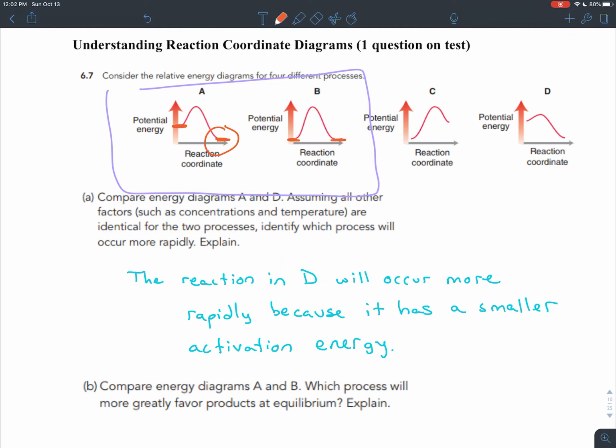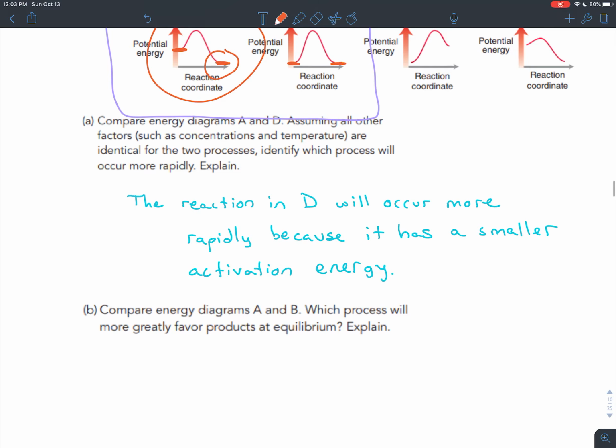In B, the reactants and the products have the same amount of energy. So they're equally stable, and there's no reason for the reaction to favor either one. This would be like having a delta G of 0 or having a K of 1. So the reaction that favors the products is reaction A.